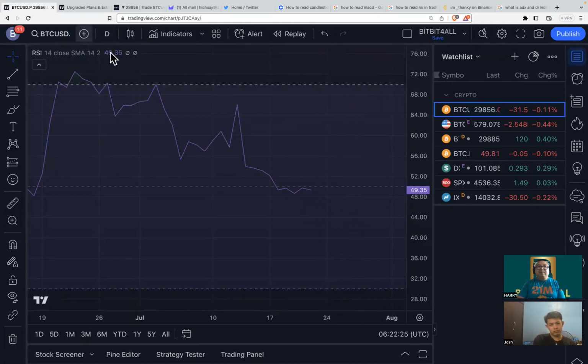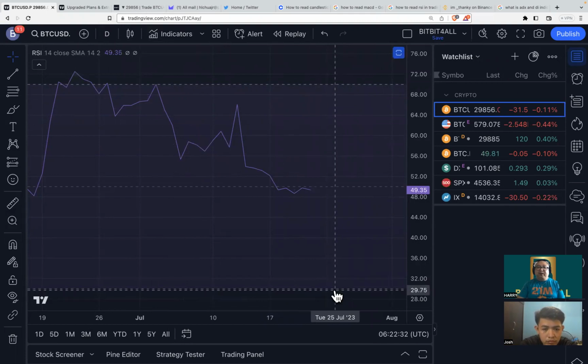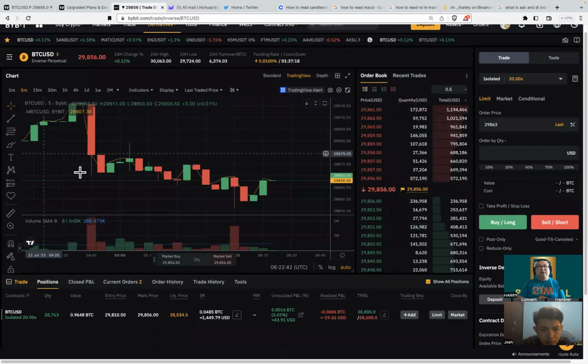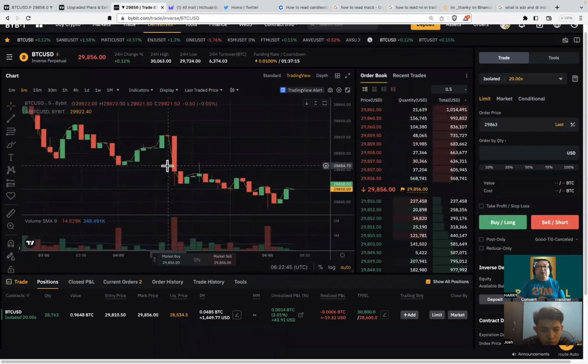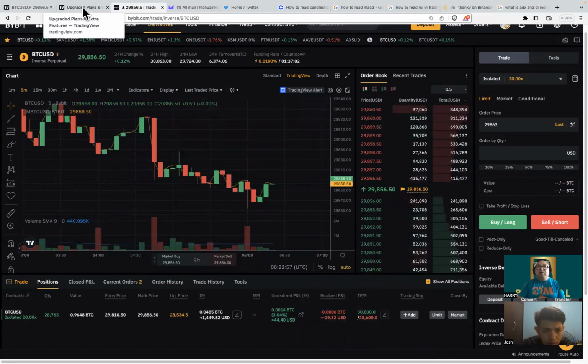Do you get it? Yes, sir. So when it's oversold, you step in because most likely the price won't go down anymore. Let me show you. For example, the price is 29,850 and it becomes oversold.